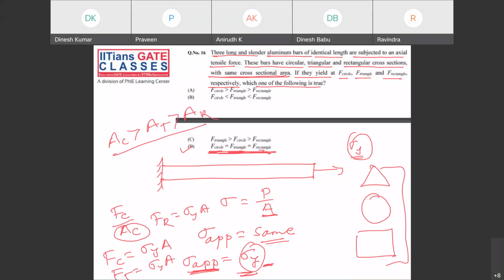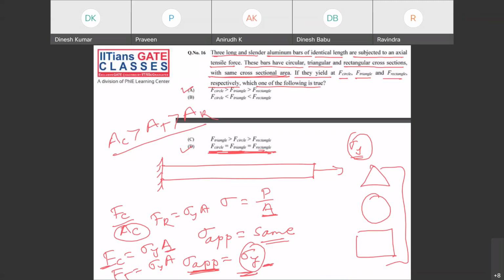If areas are not same for different cross sections, which will be the correct answer? See, you can see your load is directly proportional to area, right? Anirudh, load is directly proportional to area. So if area is more, load will be more, right? So option A will be correct.